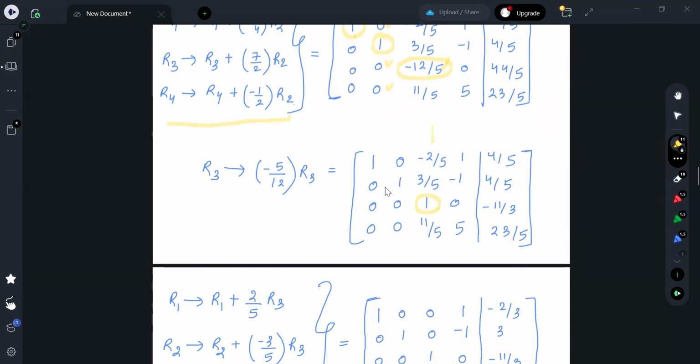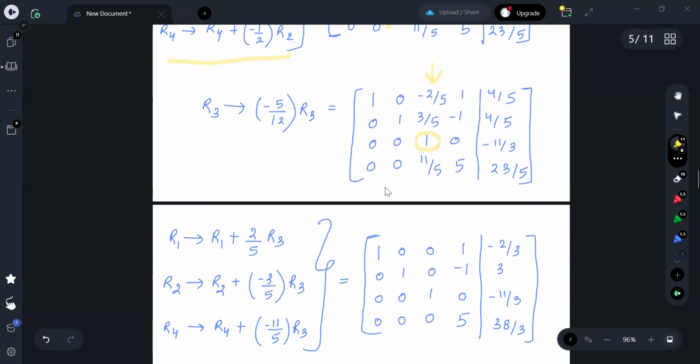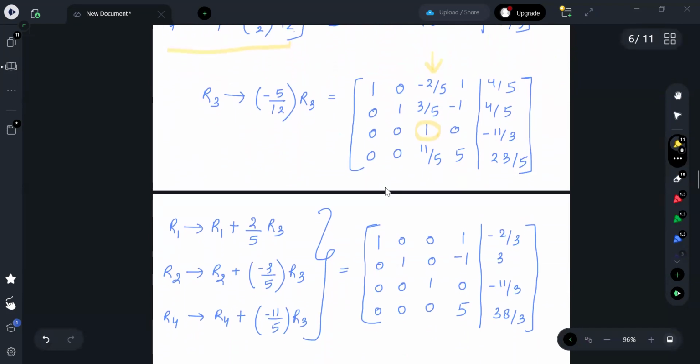So I'm focused on this column now, and I'm making everything below and above this 1 a 0. So row 1 needs to be operated on, row 2 needs an operation, and row 4 needs a row operation. And the numbers here are exactly the opposite sign of what we need.